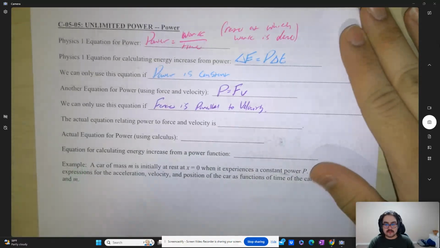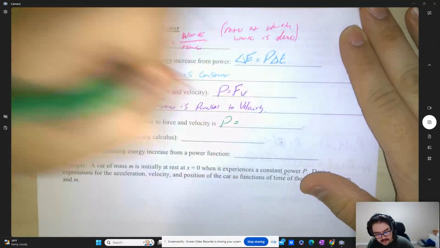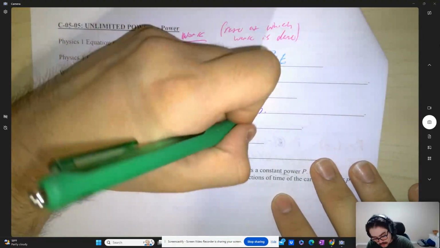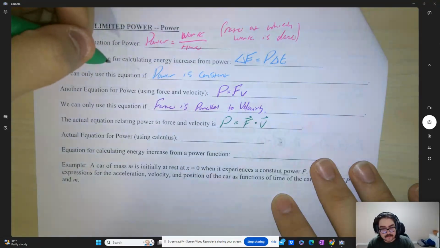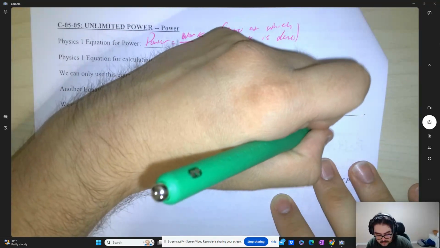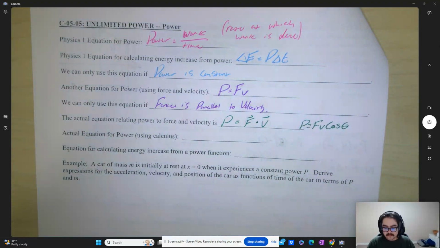Power is the force dot v, which is the same thing as saying P equals force times V cosine theta. That's the actual equation relating force and velocity.